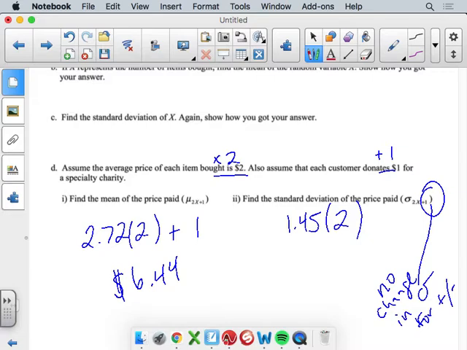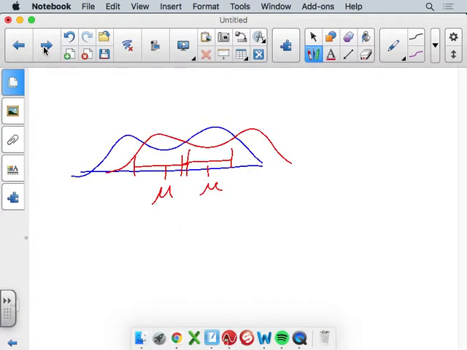So that was $2.90, 2.9 is the standard deviation. It's not $3.90 because that plus doesn't change the spread. The spread didn't get affected. But if I went back here, the spread does get affected when you multiply.